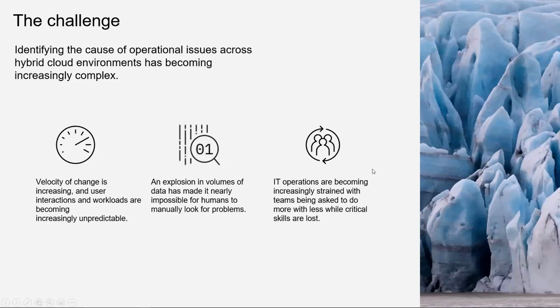My session is going to cover a certain aspect of observability, and colleagues of mine, I believe Aaron Young, will cover some of the other aspects of observability as well, especially what IBM is doing with Instana.